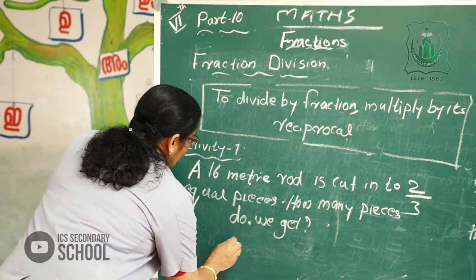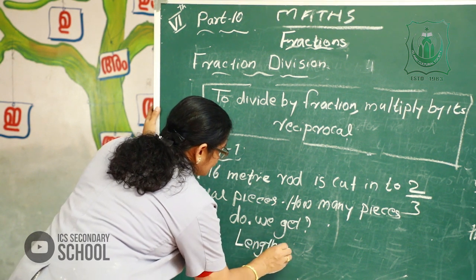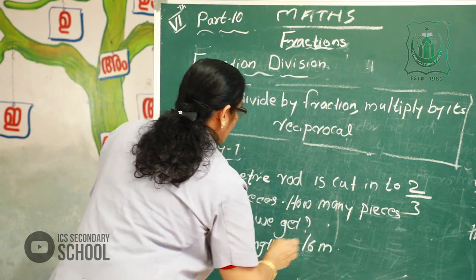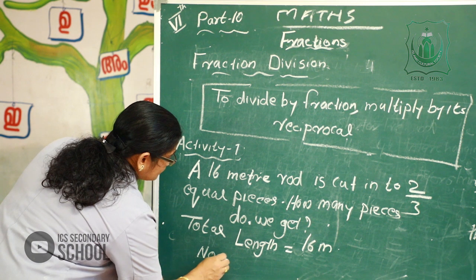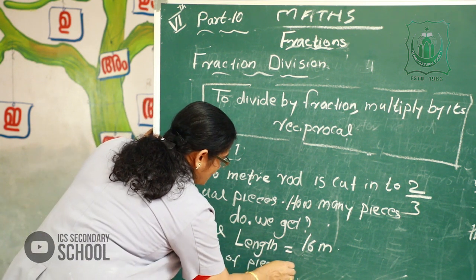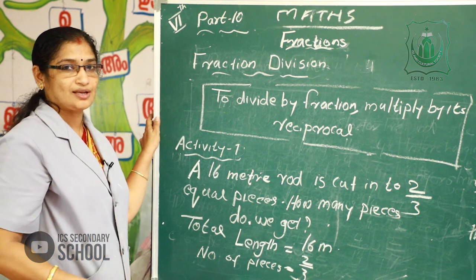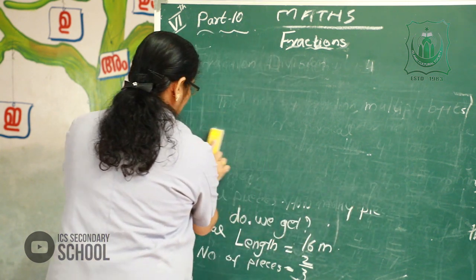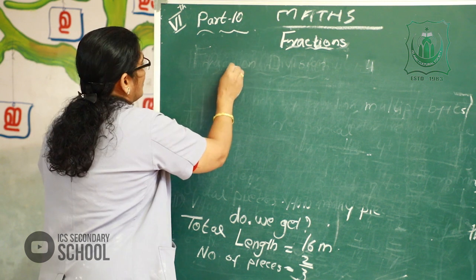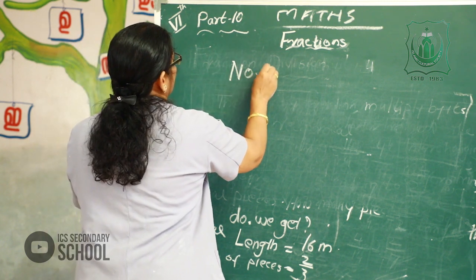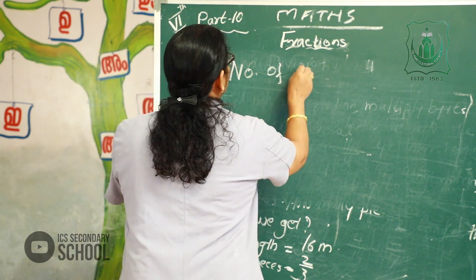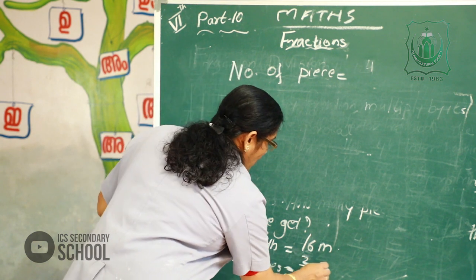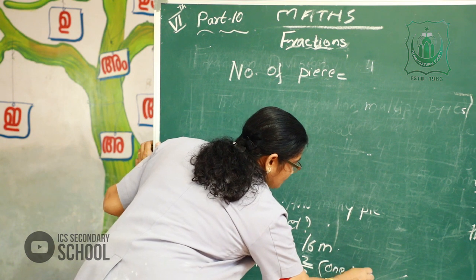Total length 16 meter, number of pieces 2 by 3. 2 by 3 is one piece.